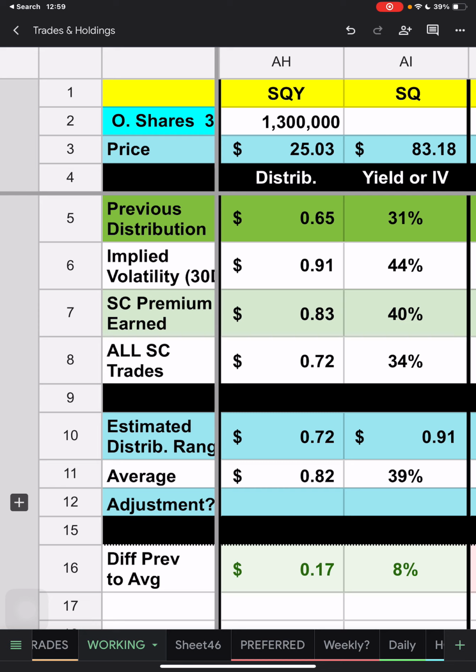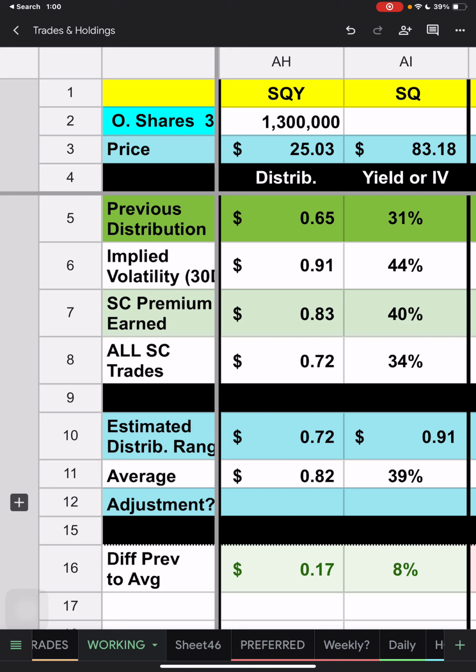If we looked at the average, which with 5 of them all over the place, it's really hard to tell. But if you just averaged them, it's $1.05. If we look at our implied volatility, we're looking at 91 cents. But if we're looking at premium earned, we're looking at 83. And so all of the trades though, with the net short call trades, it's 72 cents.